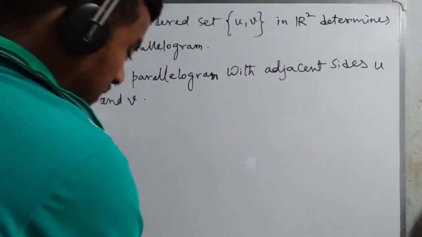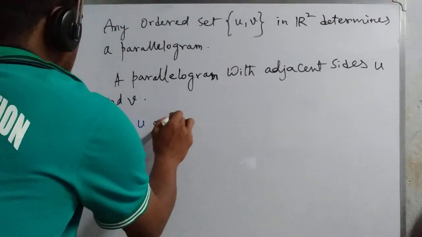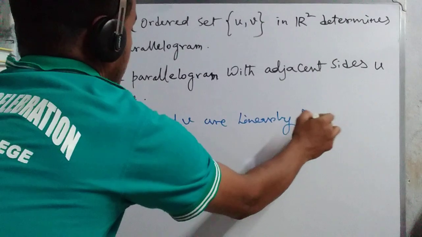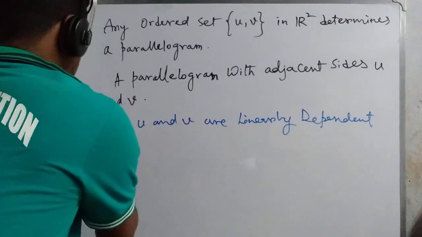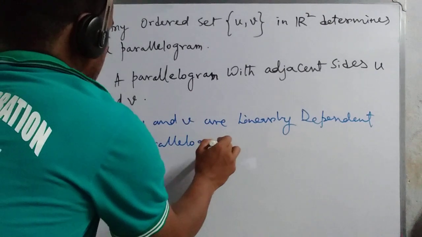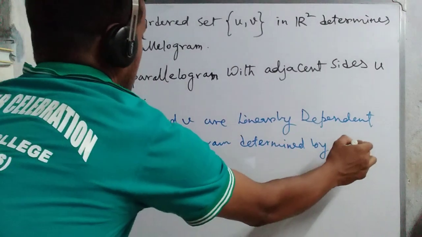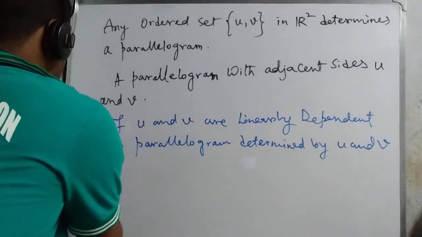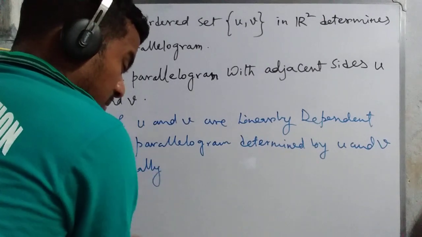Then the parallelogram determined by u and v, if u and v are linearly dependent, is actually a line segment.